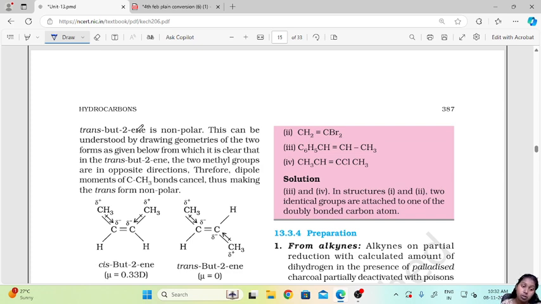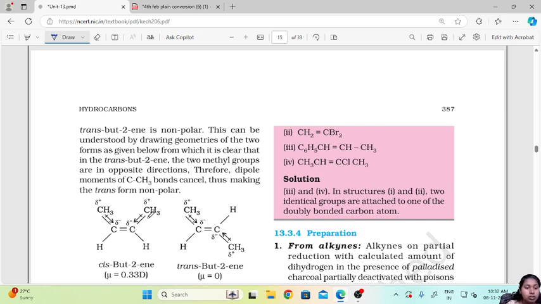Now you can get a question, when they will ask you why cis-butene is polar whereas trans-butene is non-polar. Then the answer lies here. Now this can be understood by drawing the geometries of the two forms.